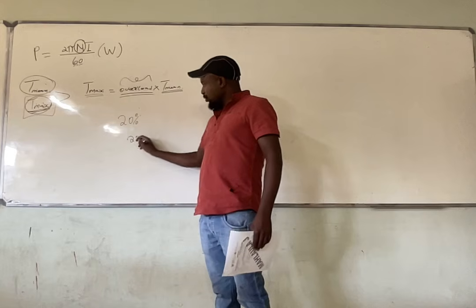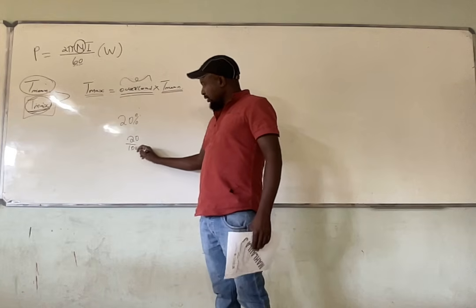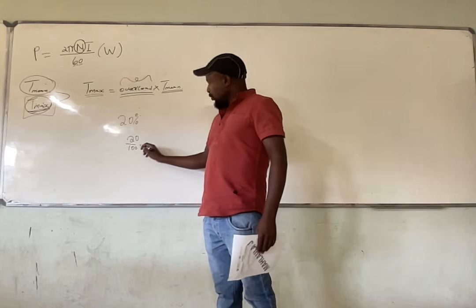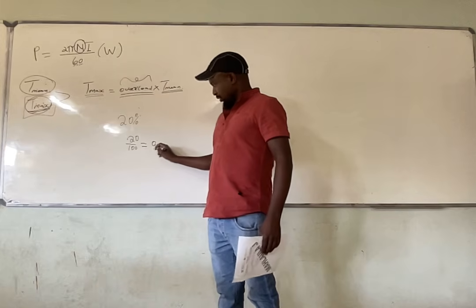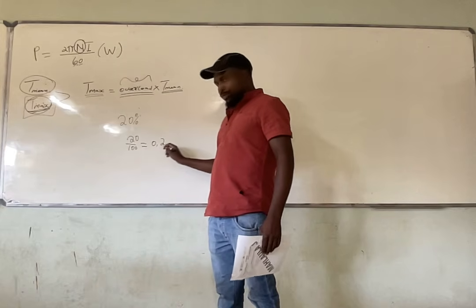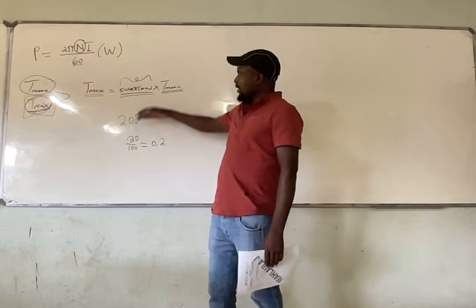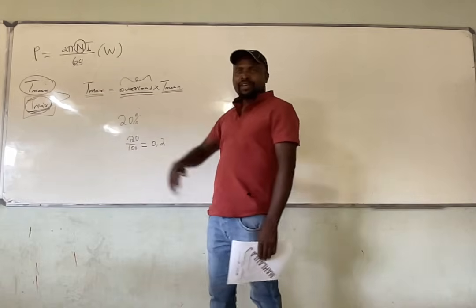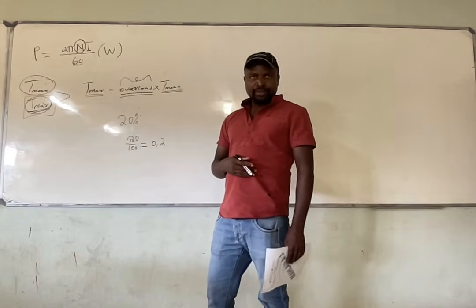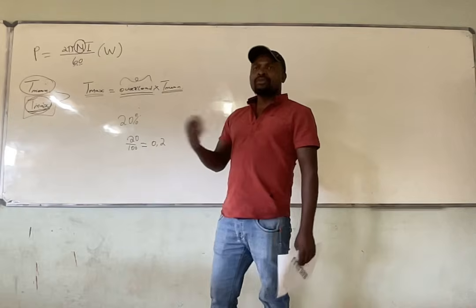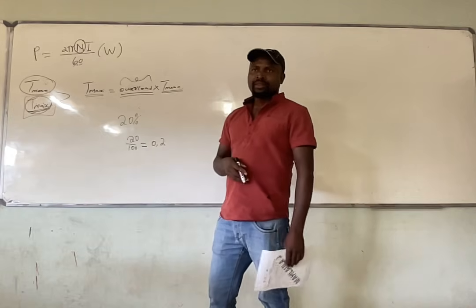20% is the same as 20 over 100, which gives us 0.2. But this is an overload. You cannot have an overload before you have a full load. You need to have a full load, then you have an overload.